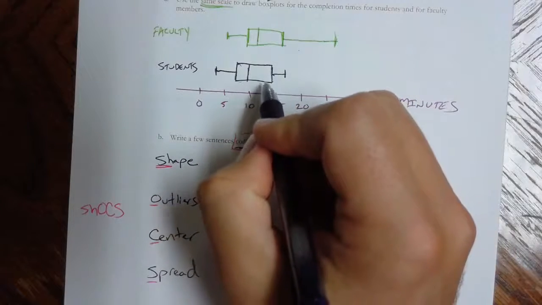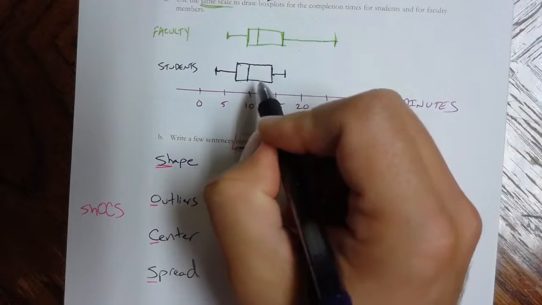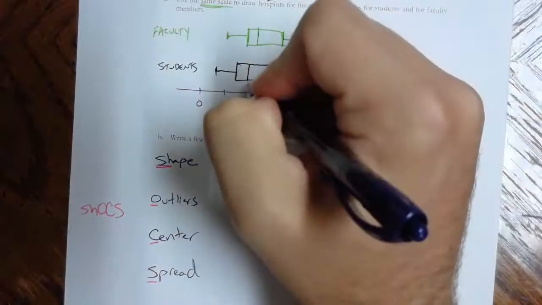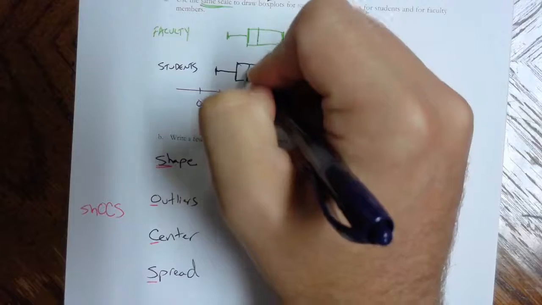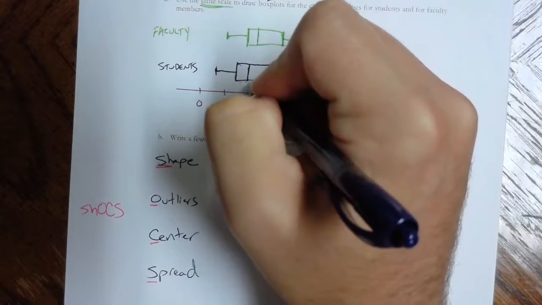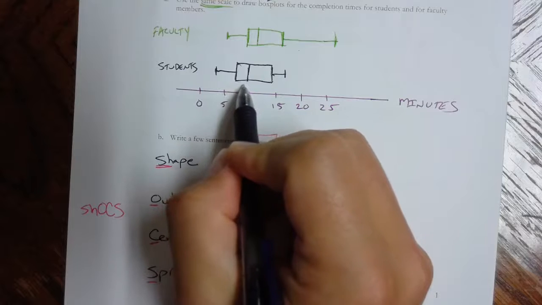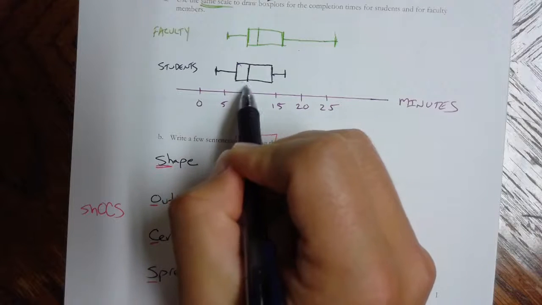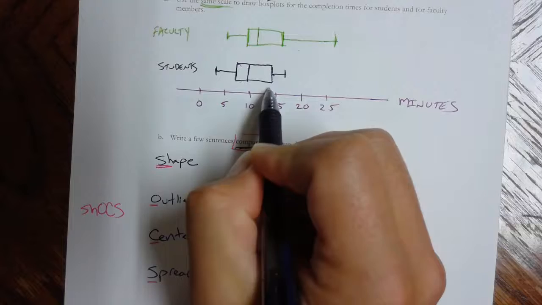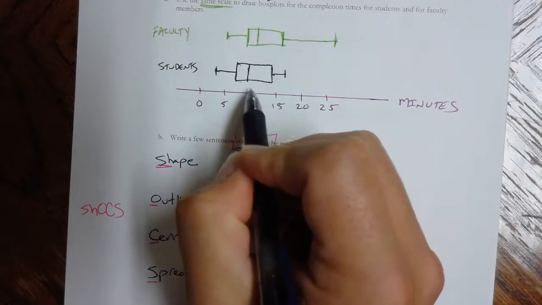So in this case, I think there's two answers that would actually work pretty well here. This one, the median is on the left side of the box. So what that does is the gap from here to here is shorter than the gap from here to here. That indicates there might be a skew toward the right, a slight one, perhaps.